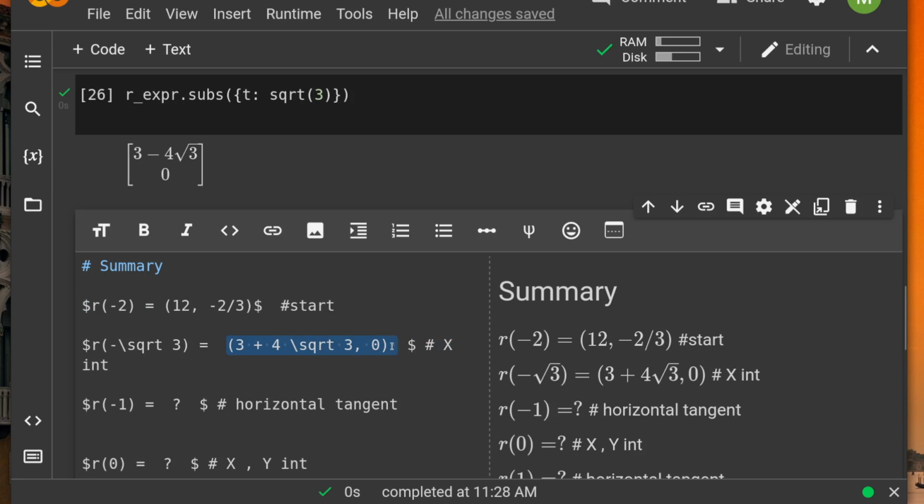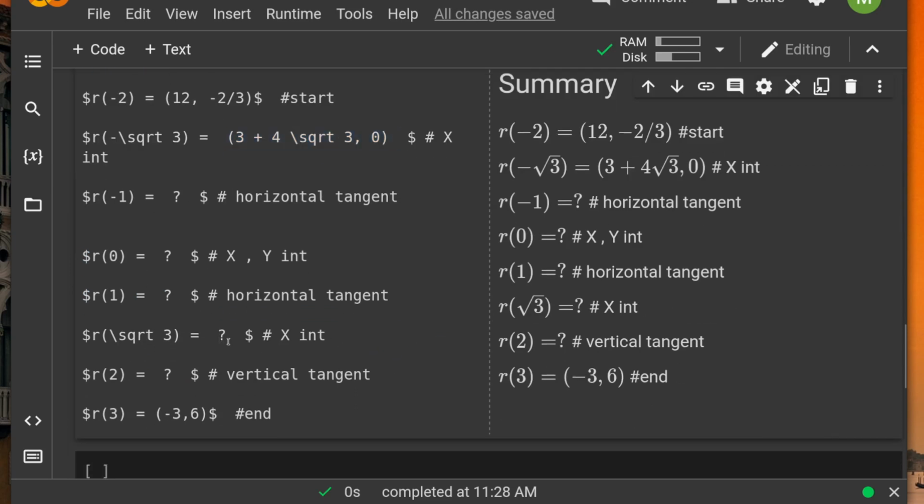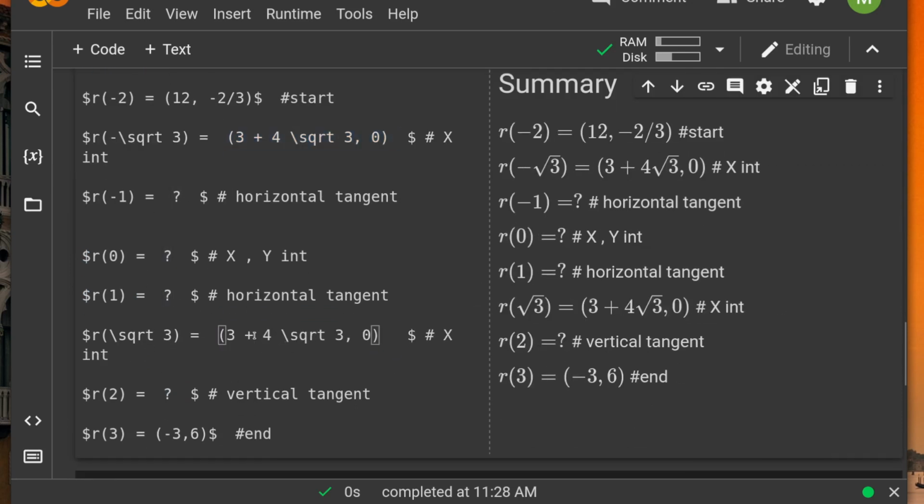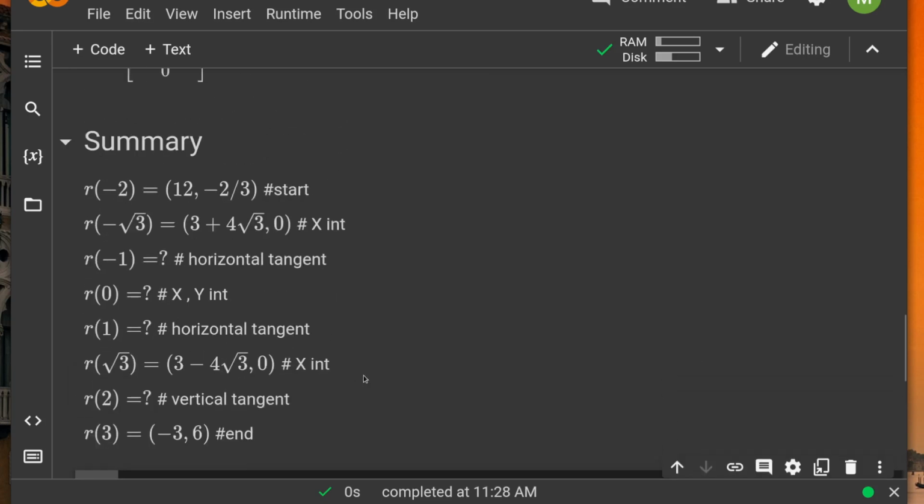So that is minus square root of 3. Okay. And again, 0 y coordinate because we expect it to be an x intercept.